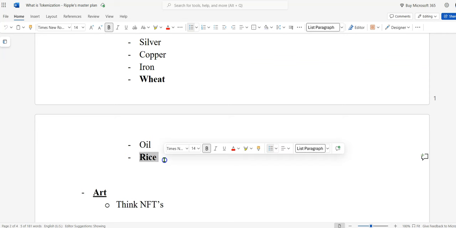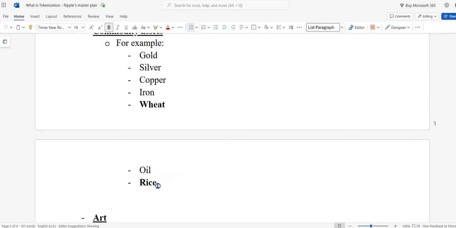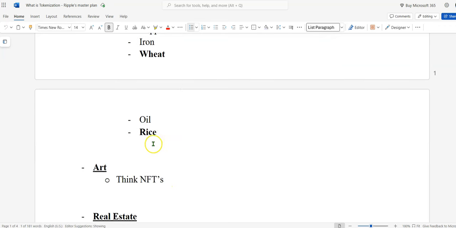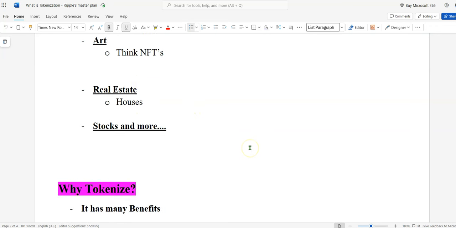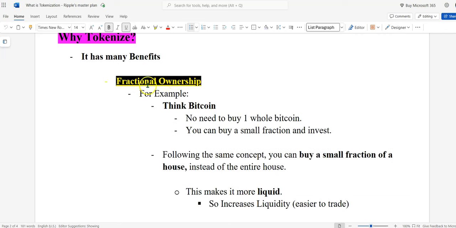Maybe you could buy a stock of a company that distributes rice, but if this is tokenized, which I believe it will be, you could buy a fraction of gold, a fraction of copper, a fraction of oil, whatever your mind thinks could be tokenized as an asset is going to be tokenized, and then you could invest in it.